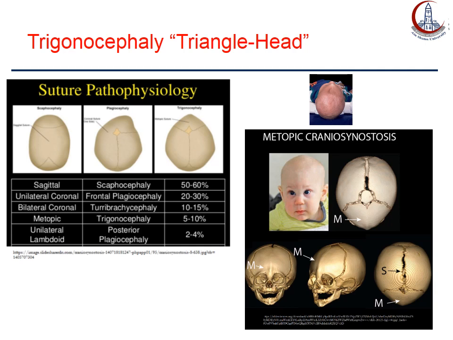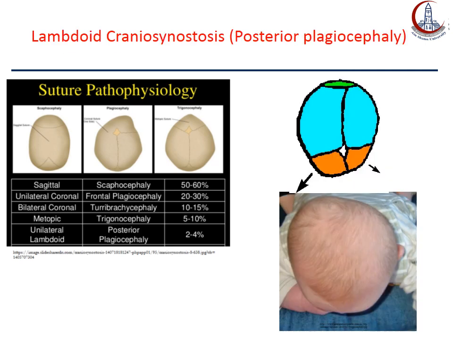In trigonocephaly or triangular head, it is less common, 5 to 10% of the cases, where the shape of the face shows protrusion of the forehead due to metopic suture synostosis. For lambdoid suture, it will lead to posterior plagiocephaly, abnormal shape of the skull. It is the least common.